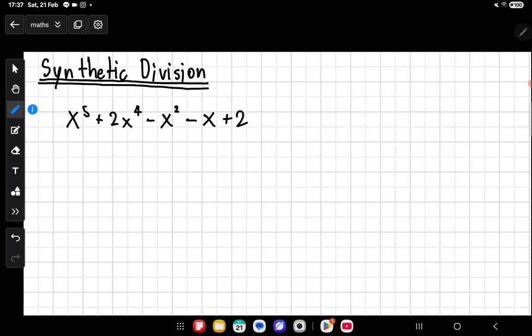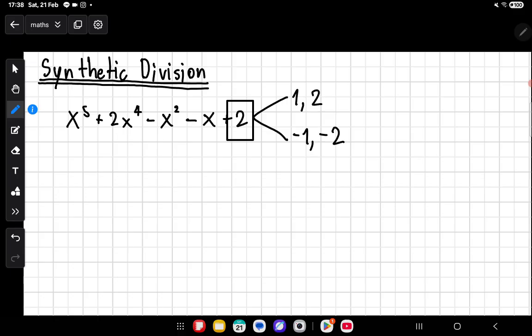So now, how do we factor this polynomial with synthetic division? First, notice this number, 2. All we have to do is find the factors of 2. It can be 1, 2, or negative 1, negative 2.